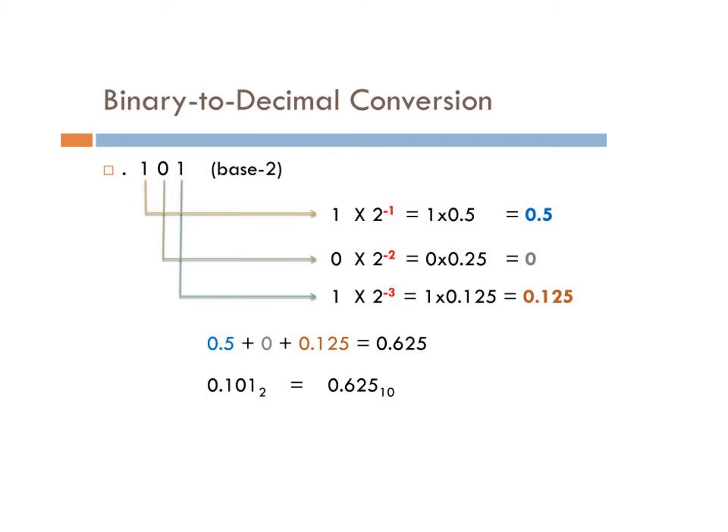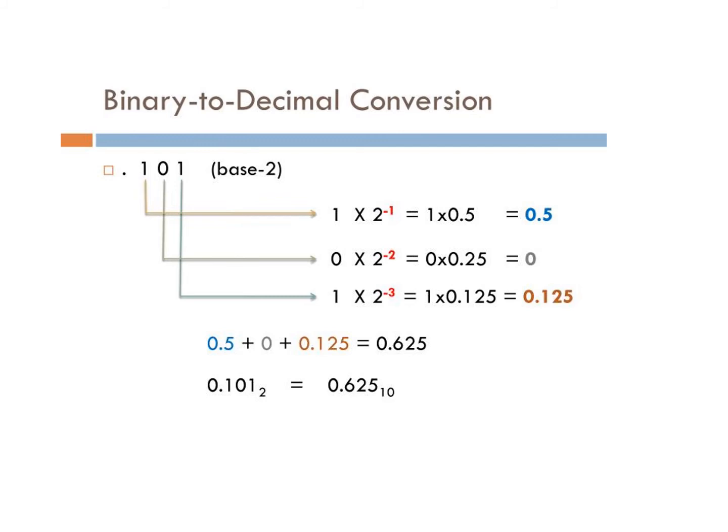So like this, 1 multiplied by 2 raised to power minus 1, then 0 multiplied by 2 raised to power minus 2, then 1 multiplied by 2 raised to power minus 3. The power is incremented by 1 from left to right.